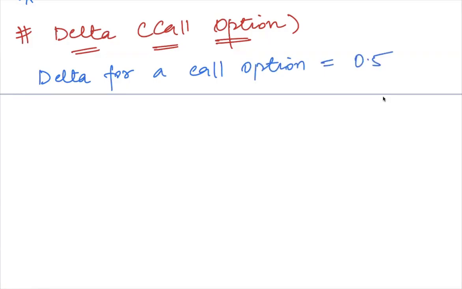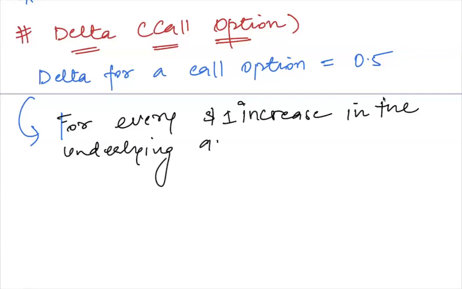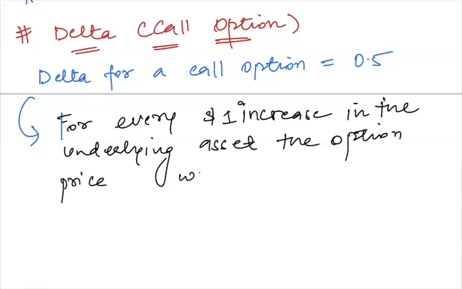What it actually means is that for every $1 increase in the underlying asset, the option price will increase.